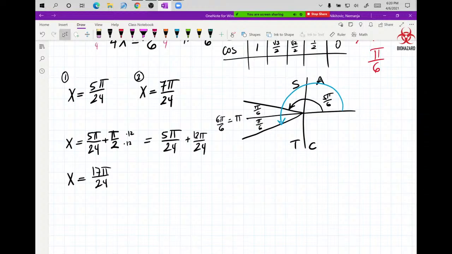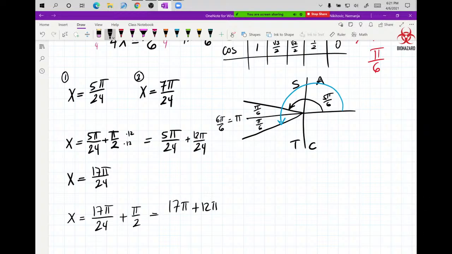What is the next step? The next one is add another pi over 2. Now that's again times 12 and 12. So we might as well start writing just 12 pi over 24. So 17 pi plus 12 pi over 24 with a common denominator. The answer is 29 pi over 24.